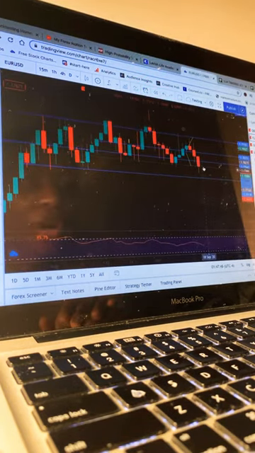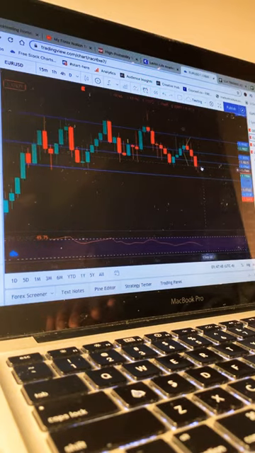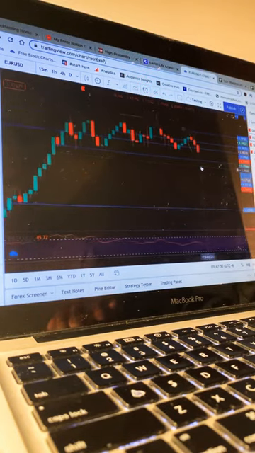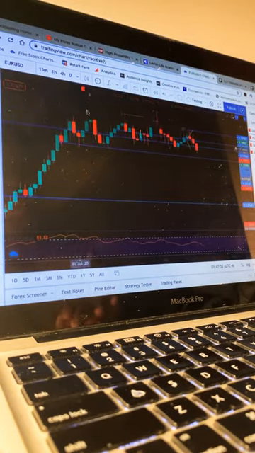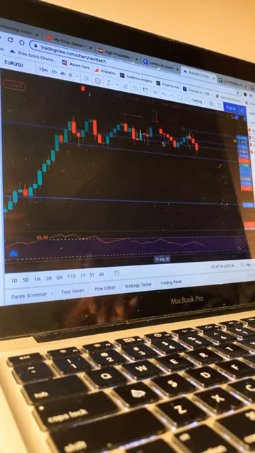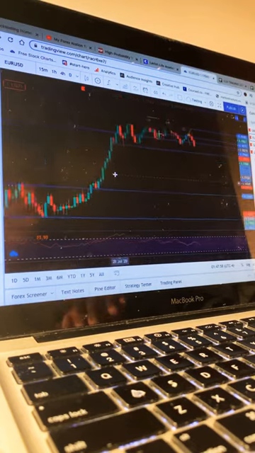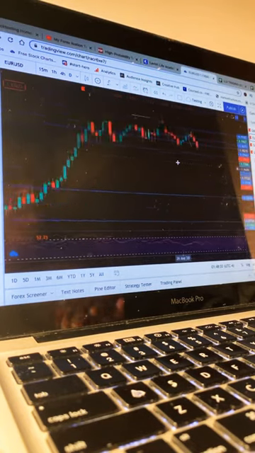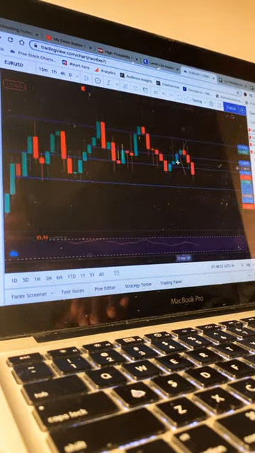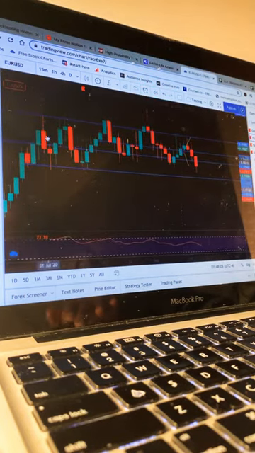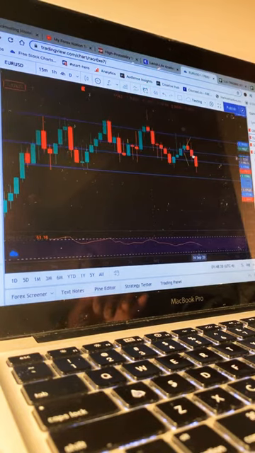I think from this point, it does seem like it's bouncing around between this area. I don't know if you can see that. Ever since it shot up, it's been bouncing up and down between this area, so consolidating.